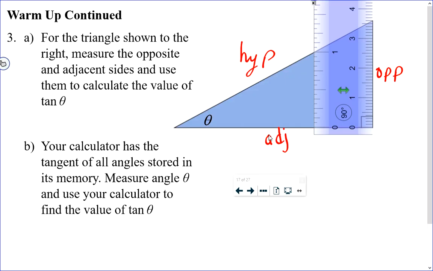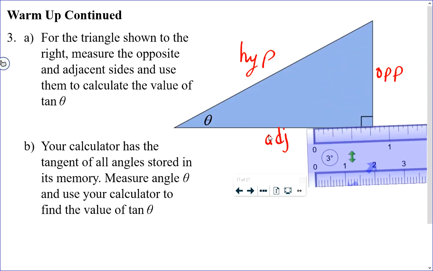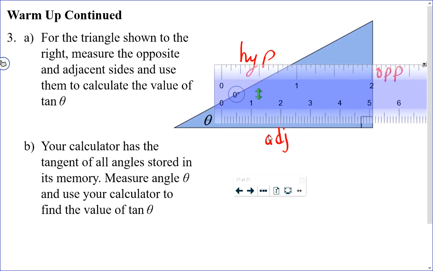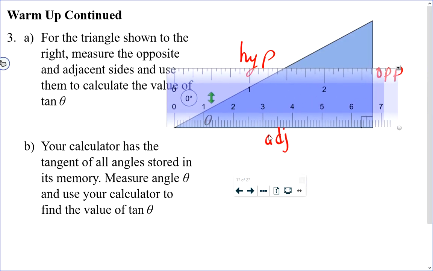And when I measure the adjacent side in centimeters, it's very close to, I'm going to do a bit of rounding here, 6.7.